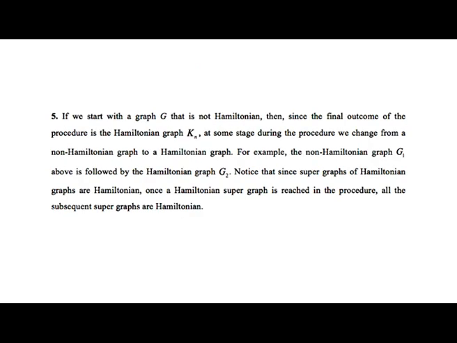Fifth one, if we start with a graph G that is not Hamiltonian, then since the final outcome of the procedure is the Hamiltonian graph Kn, at some stage during the procedure we change from a non-Hamiltonian graph to a Hamiltonian graph. For example, the non-Hamiltonian graph G1 above is followed by the Hamiltonian graph G2.